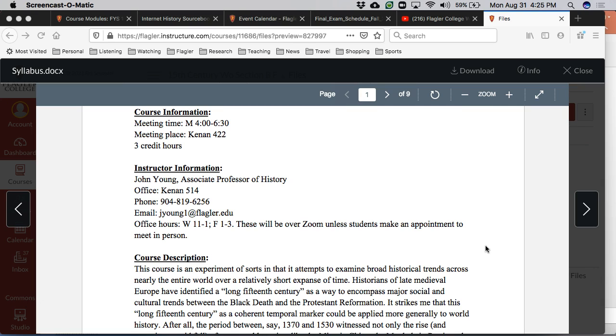Otherwise, it'll be on Zoom. If you hit the Zoom link and you end up in a waiting room for a while, just be aware that I'm probably meeting with another student. I will be there during those hours unless I announce otherwise. If something comes up, I will let you know that I'm not going to be in my office hours. But I should be there every Wednesday from 11 to 1 and every Friday from 1 to 3. And I can be available at other times.